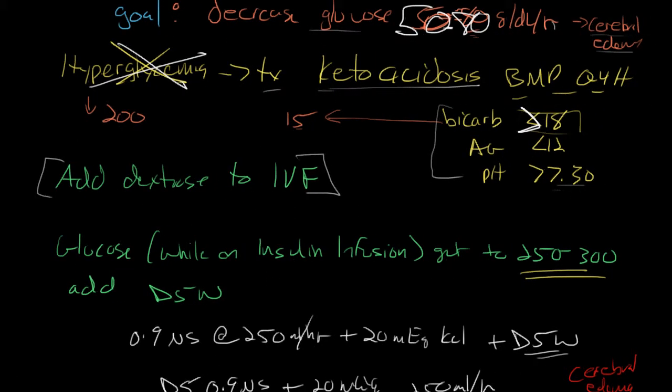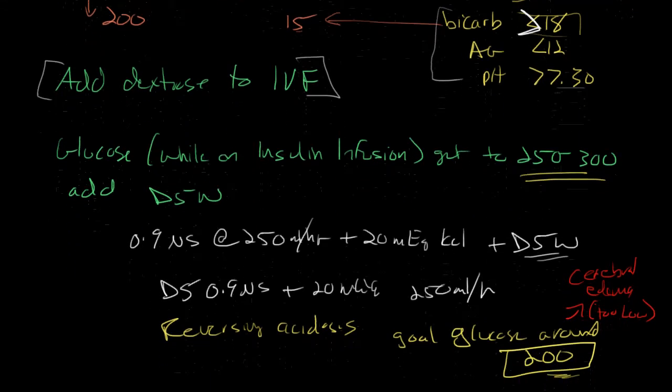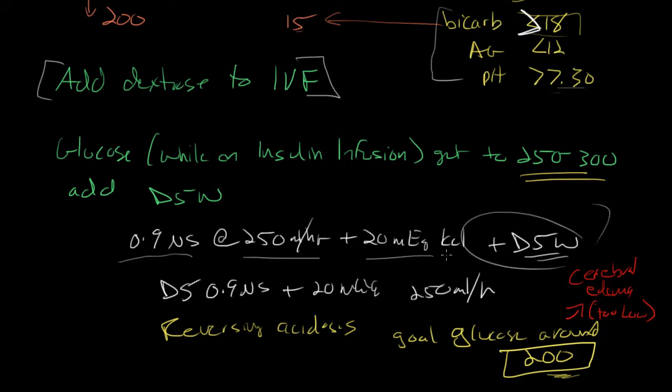When you hit 250 to 300, you want to change your fluid management. You want to take what you're on, let's say you're on 0.9 normal saline at 250 an hour with 20 milliequivalents of KCl, then you're going to add D5W, so then you'll be on something like D5 normal saline plus 20 milliequivalents of KCl at 250 an hour. And what this does is it allows you to keep giving glucose, keep giving insulin, and reversing your acidosis, which is your main goal in DKA.